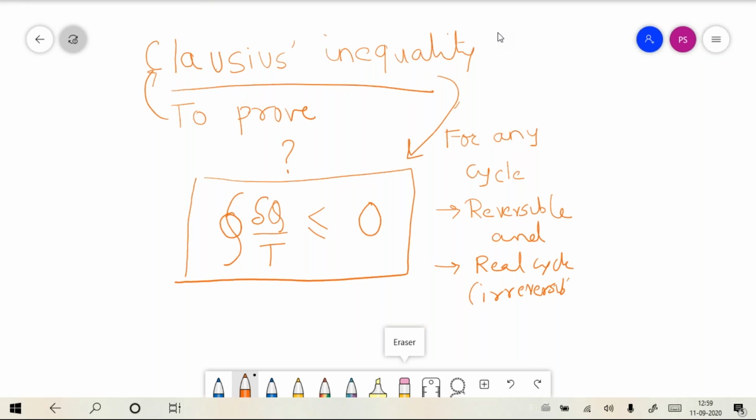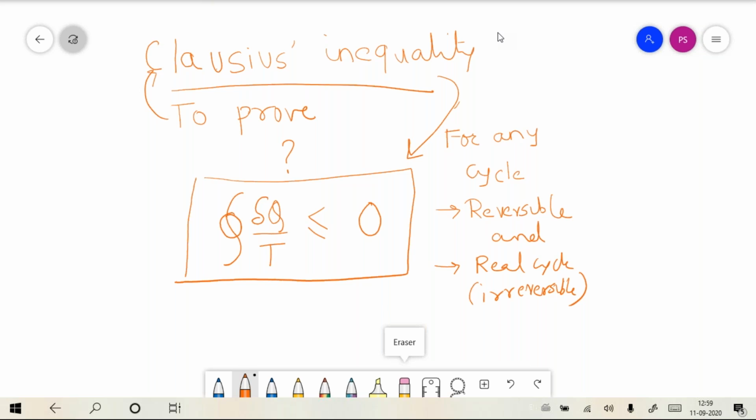So for both the cycles, this inequality holds good. Okay, so Clausius inequality is: cyclic integral of del q by T is always less than or equal to 0.